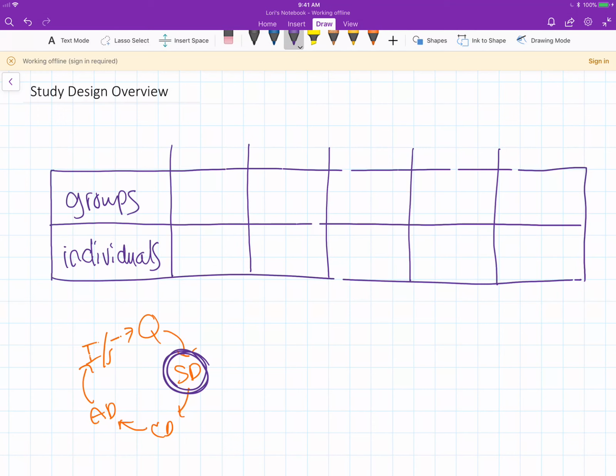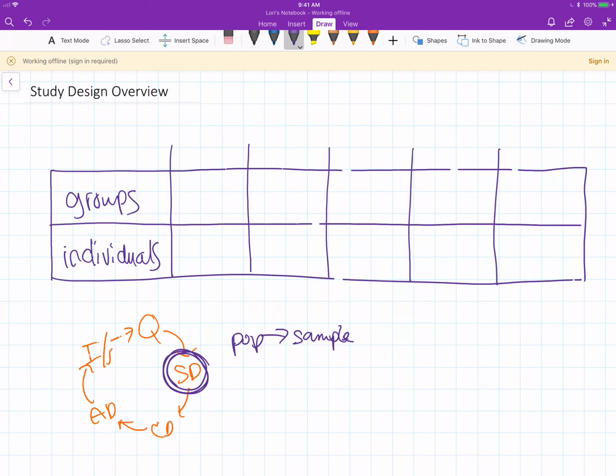And what study design means, probably the most concise definition that I've heard, is if you could write down all of the details about a particular study in enough detail so that somebody else would be able to duplicate that study, then you have described that study design very well. So the study design includes how we collected our sample. Remember, we start with a population. From that, we often draw a sample of individuals.